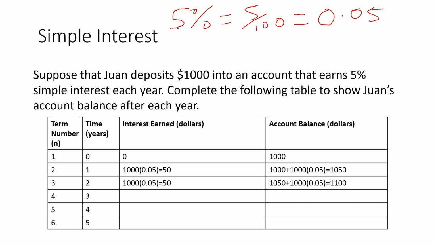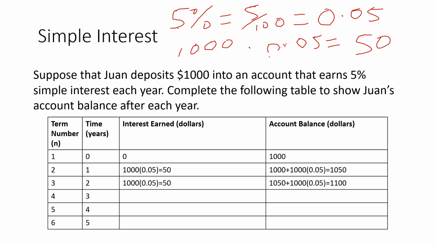Now we want to know 5% of 1,000. We do 1,000 times 0.05, which is 50.